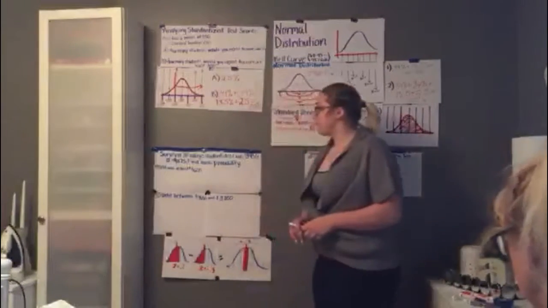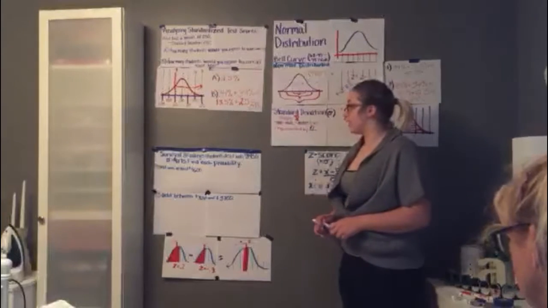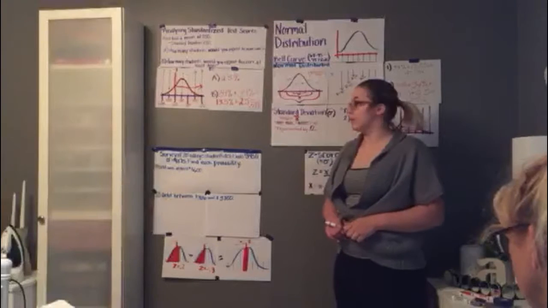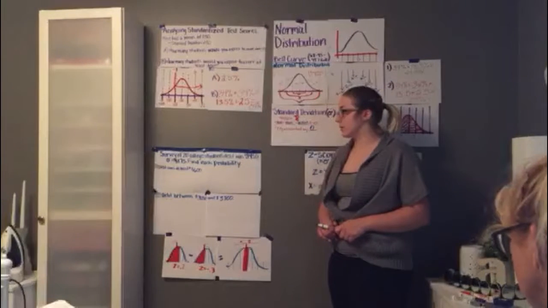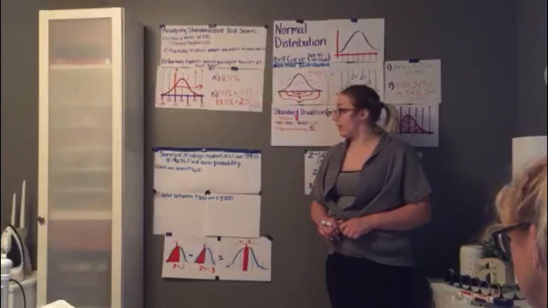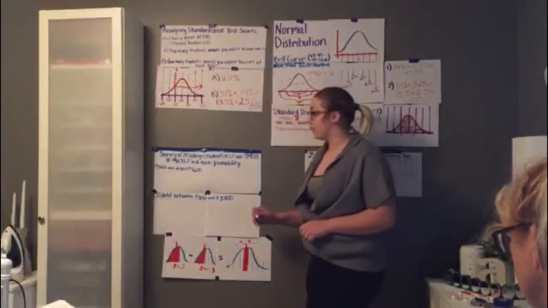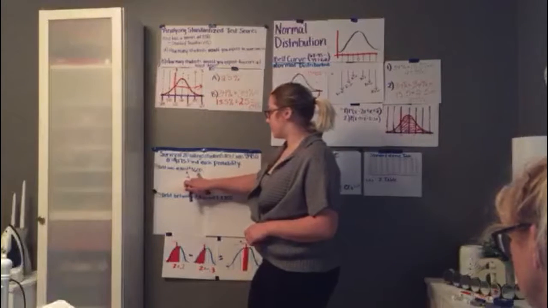So, a survey of 20 colleges, the student's debt was $3,450. The standard deviation is $1,175. Now, next we're going to find each probability. If the debt was at most $3,600.